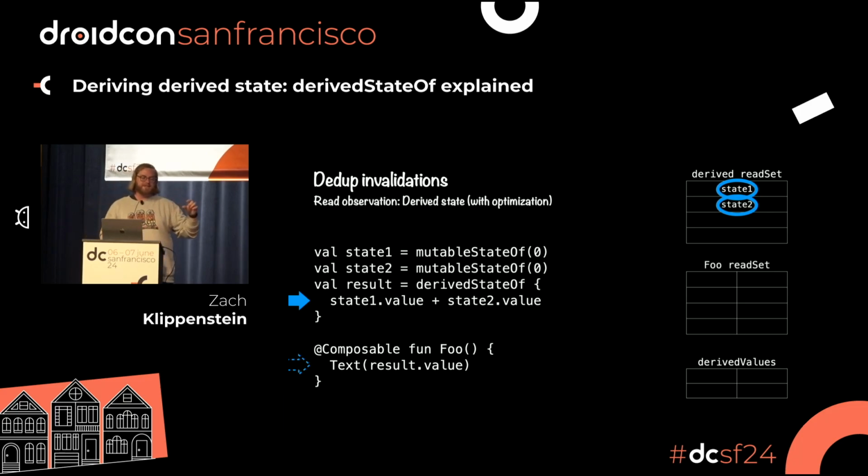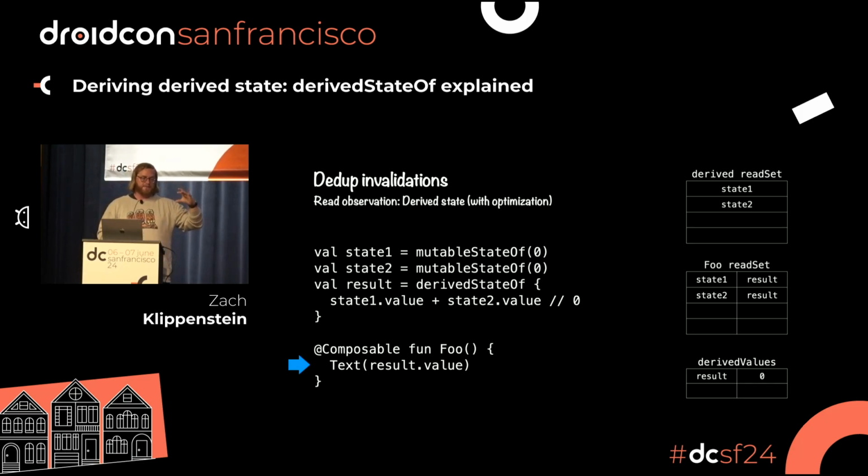Now the composable isn't tracking that it read the derived state because it doesn't actually need to write that down. Instead, what's going to happen is we're going to track that the derived state we just read had 2 dependencies. We're going to write those down. And then we're also going to track that those were read as part of a derived state. So we know which dependencies map to which derived state. We're going to track the result of that calculation as well.